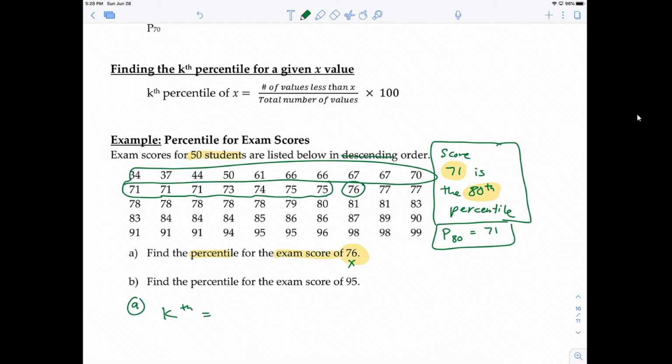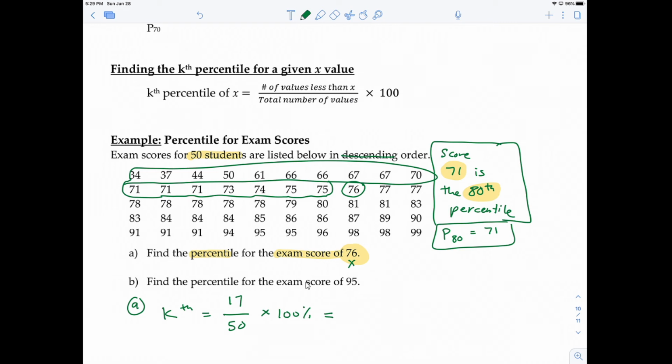So there'd be 17 values less than 76, over the total number of values, which is 50. Then we multiply by 100 because the answer should be a percent.